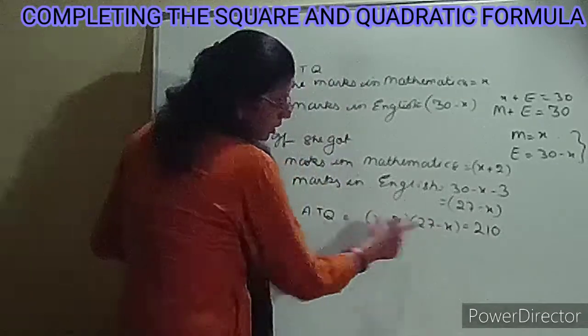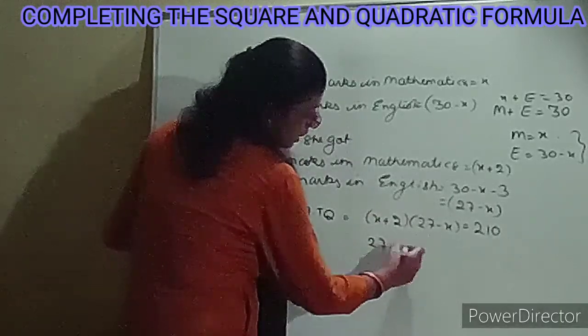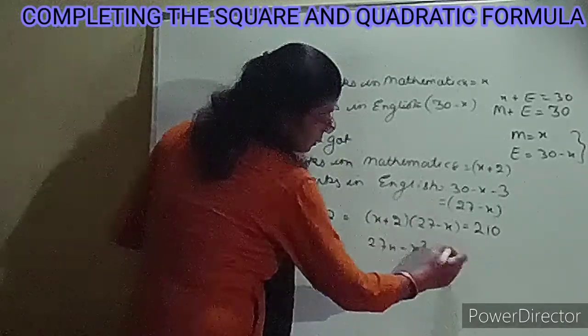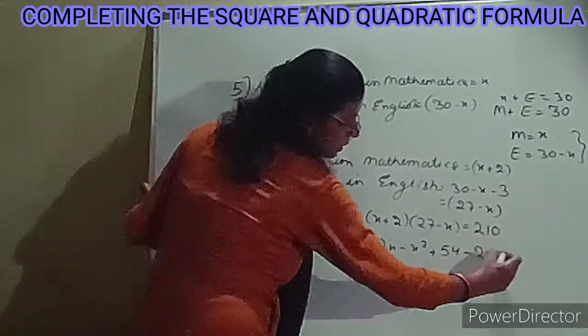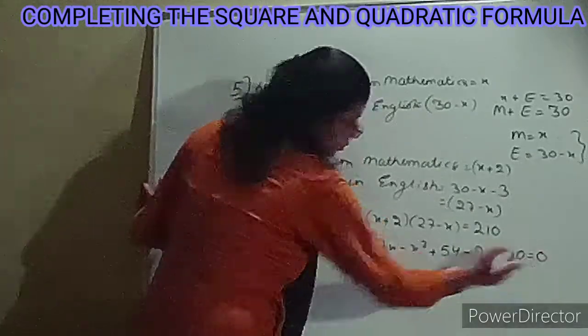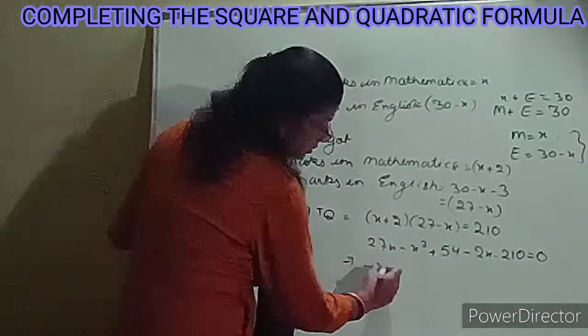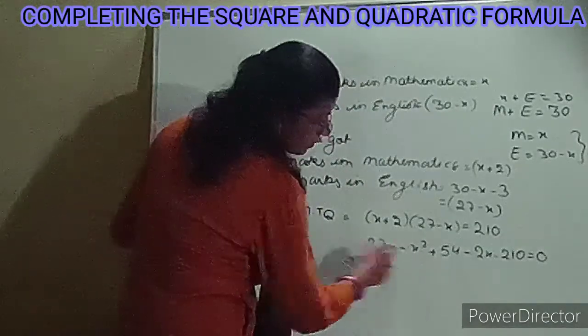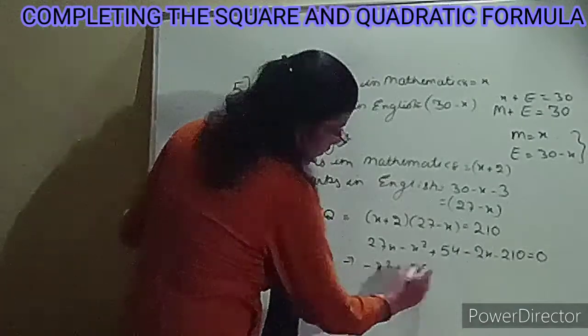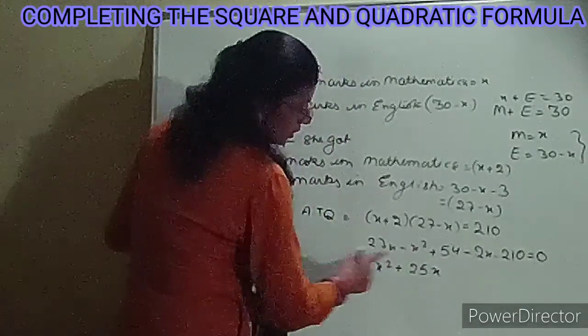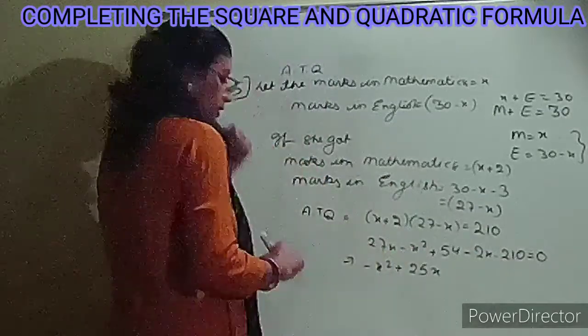Now find it. 27x minus x square plus 54 minus 2x, 210 I am bringing this side, equals to 0. Solve it. Minus x square, this is 27x minus 2x, it will become 25x plus 54 minus 210.